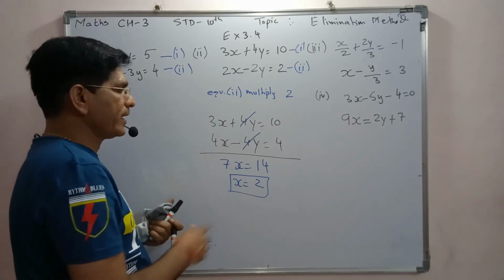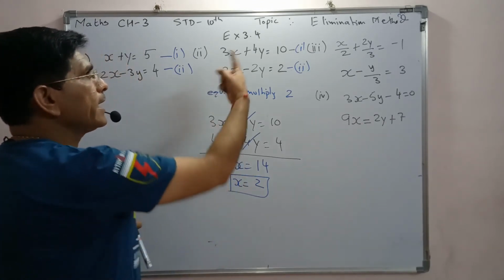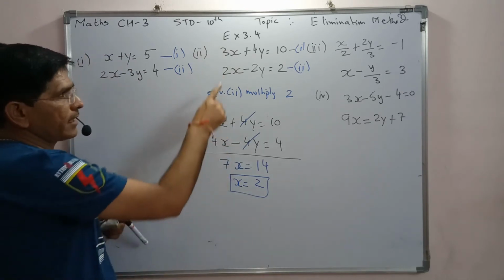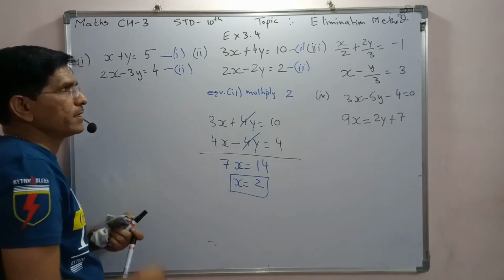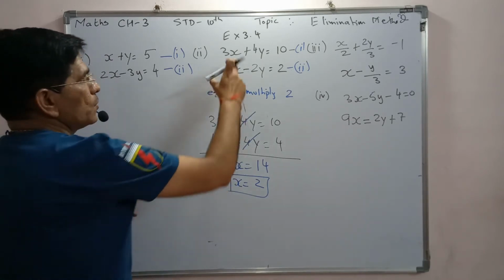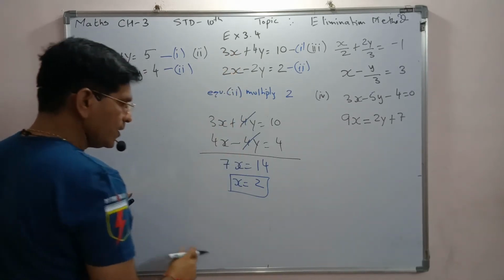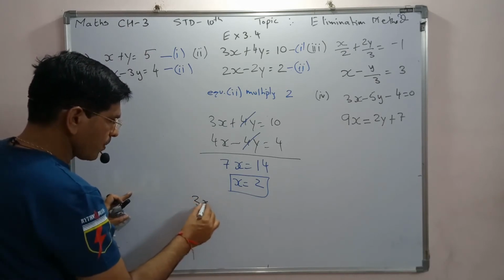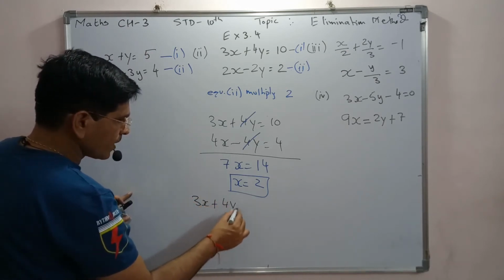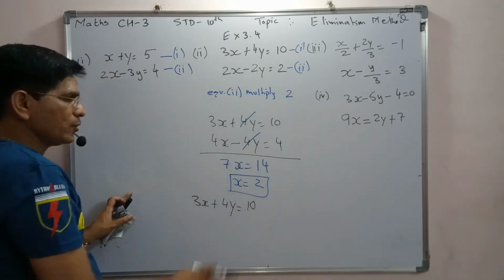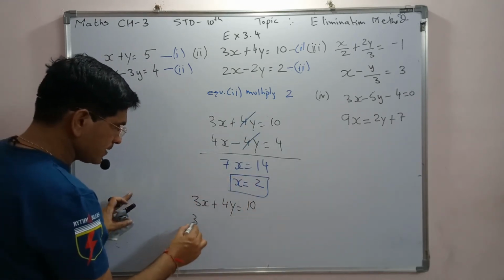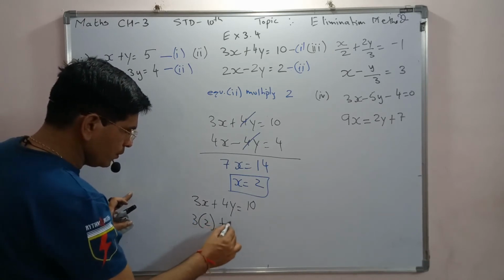When we have x equal to 2, we can put it in any of the above equations, either equation 1 or equation number 2. So 3x plus 4y is equal to 10. Now I have to put the value of x, that is 2.